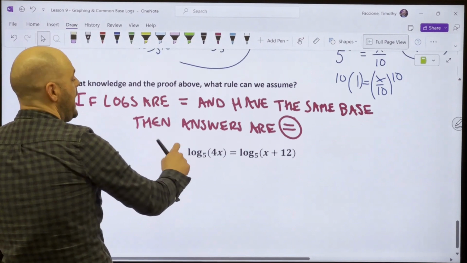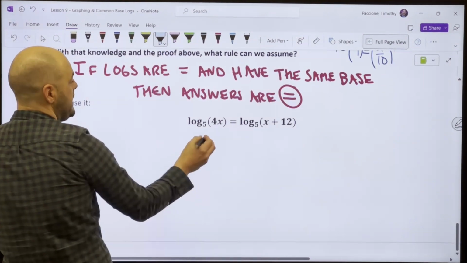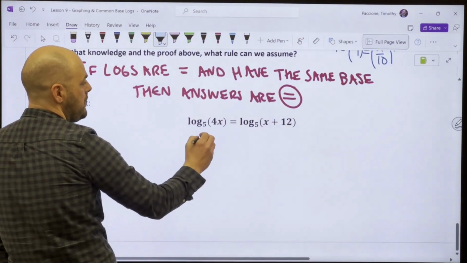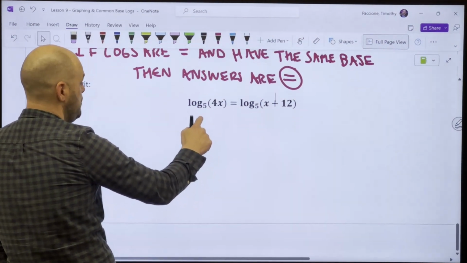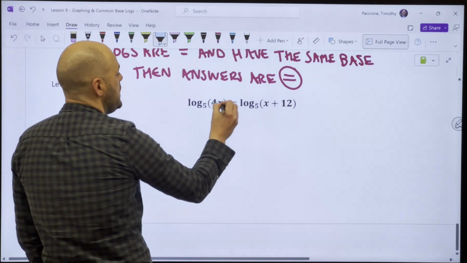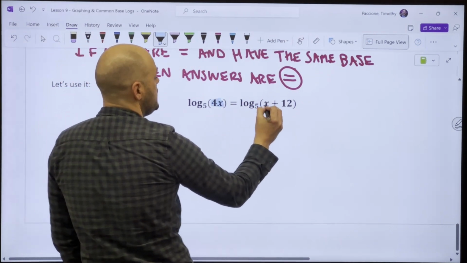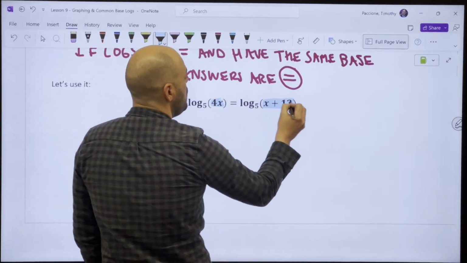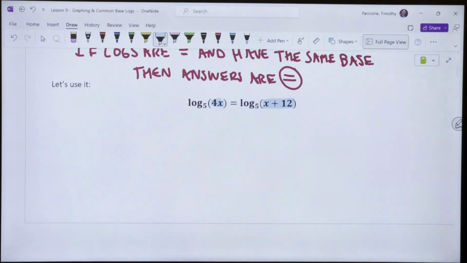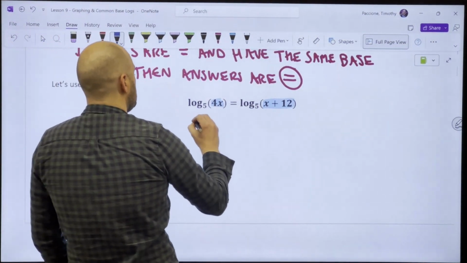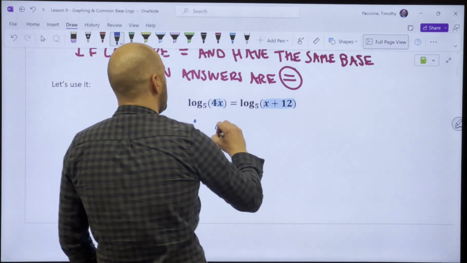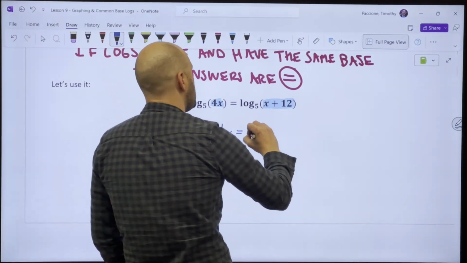If I have this one, well, are the bases the same? Log base 5 of 4x, log base 5 of x plus 12? Bases the same? Yes. The answer here is 4x. The answer here is x plus 12. What do we know is true about them? So what can I do? Yeah, therefore, 4x equals x plus 12.